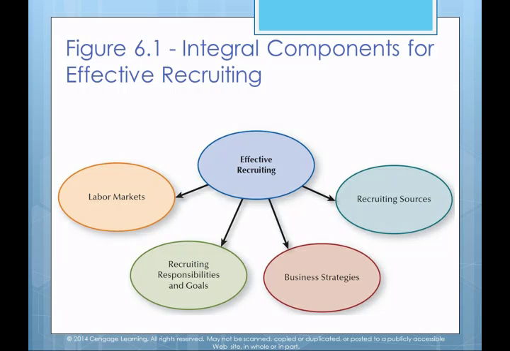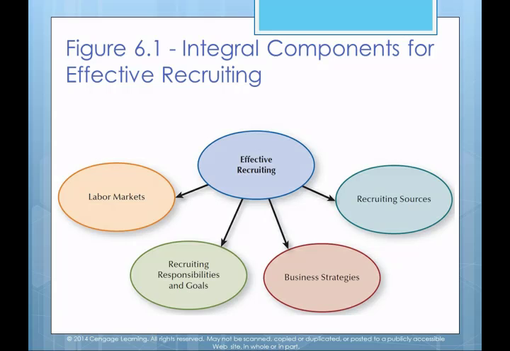Now, here are the internal components of effective recruiting. You really need to know the industry and where to successfully recruit qualified employees. You also need to identify keys to success in the labor market, including competitors' recruiting efforts.